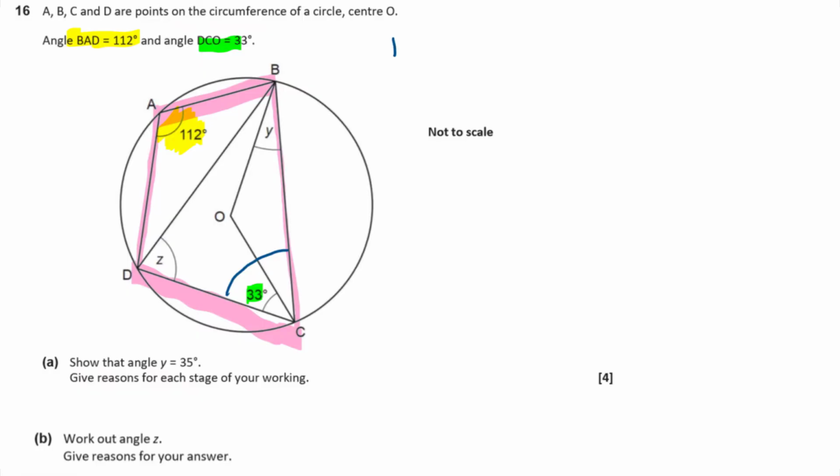So I'm going to say in cyclic quadrilateral ABCD, then DAB, that angle up there at the top, plus my angle down here, DCB, equals 180, because opposite angles in a cyclic quadrilateral sum to 180.